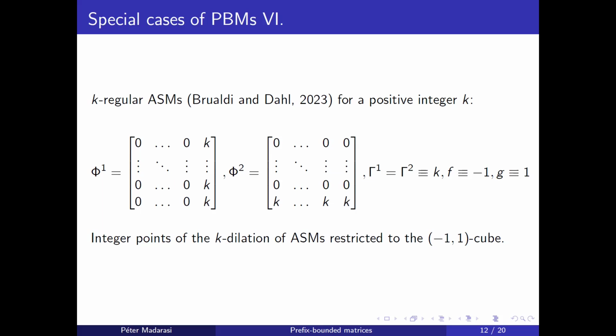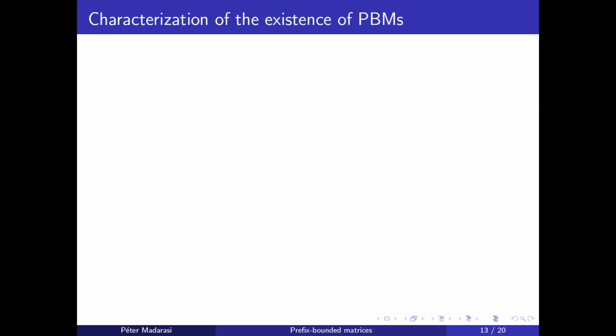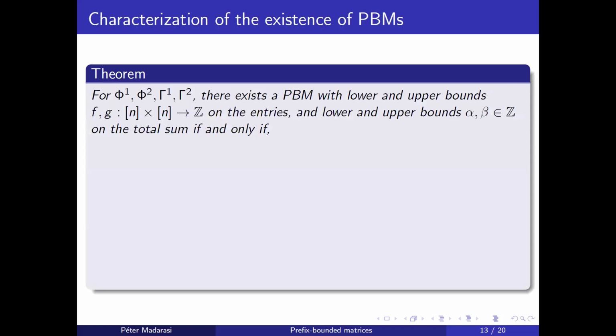And now let's turn back to PBMs. Recall that we could pose any lower and upper bounds as long as they are integers. So a very basic question is whether for given bounds there exists a PBM or not. It may happen that it doesn't exist. So the question is whether for our bounding matrices phi 1, phi 2, gamma 1, gamma 2, there exists a PBM that also satisfies our entry bounds f and g and total sum bounds alpha and beta.